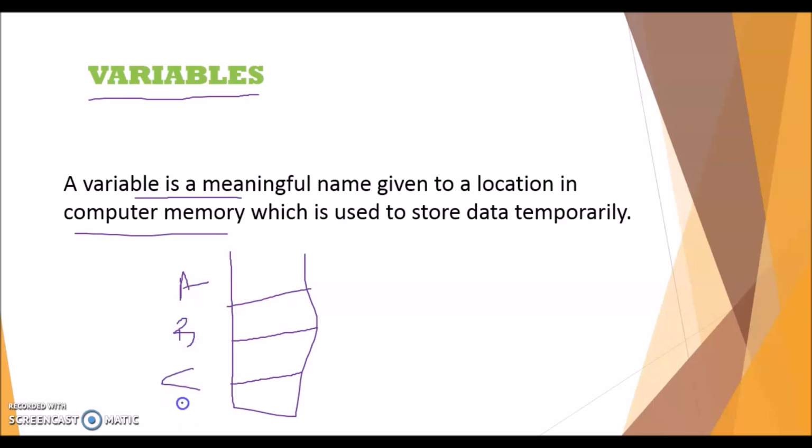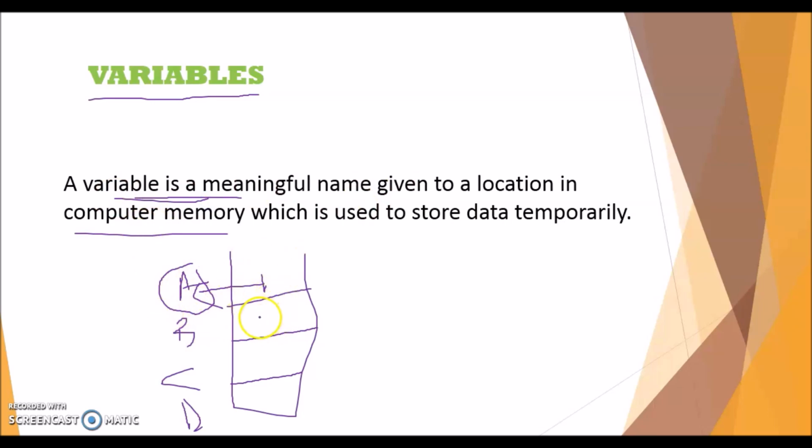Suppose this block is A, this block is B, this is C and D. So this first block which is given the name A is known as a variable, meaning any meaningful name given to the location.